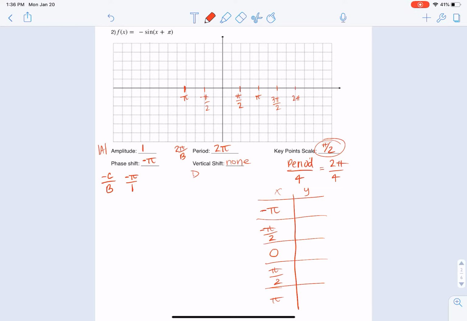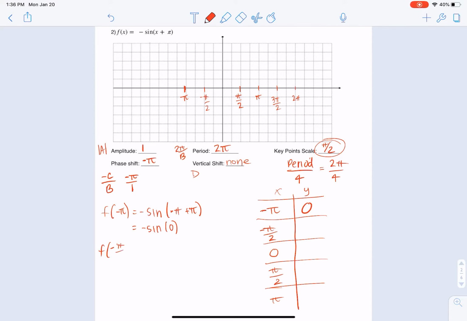So now I can go ahead and fill in my table. So I'll have f of -pi is going to give me -sine of -pi plus pi, which is -sine of 0. So sine of 0 is 0, and -1 times 0 is going to give me 0.